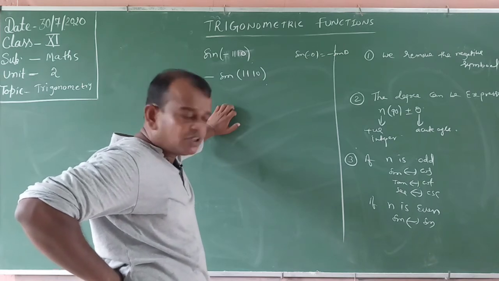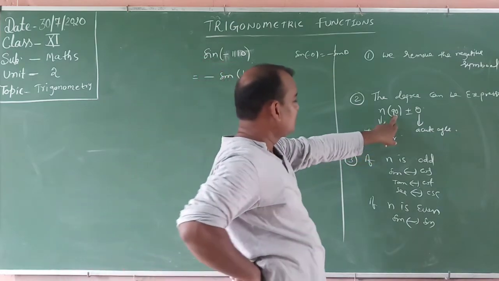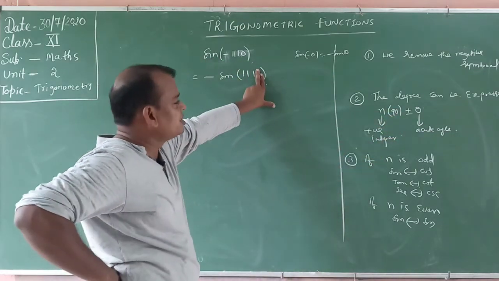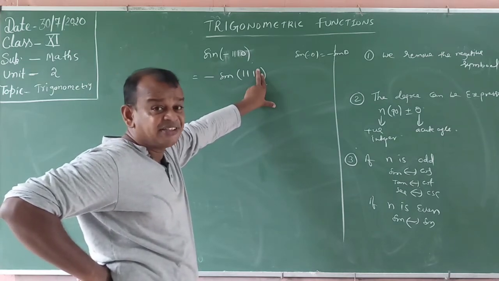After that, we write it as a multiple of 90. Now the 1000 place we remove, and 110 remains. You write the ninth table.